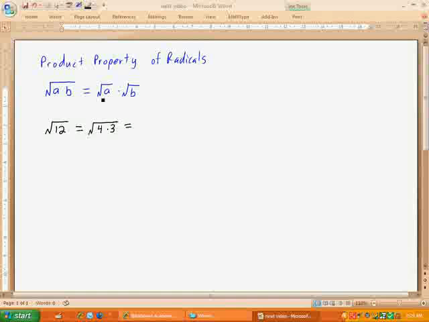Now, I can rewrite this in this format up here so that it is the square root of 4 times the square root of 3, which now means that I can take the square root of the 4, which is 2, and then leave the square root of 3. This is how we simplify radicals, and this would be our final simplified answer.